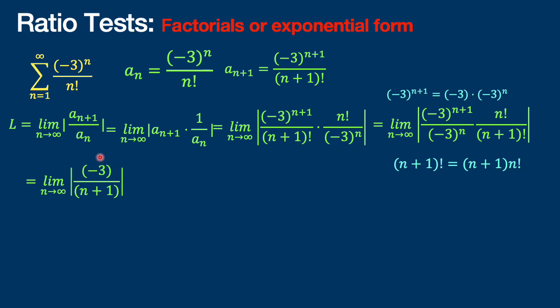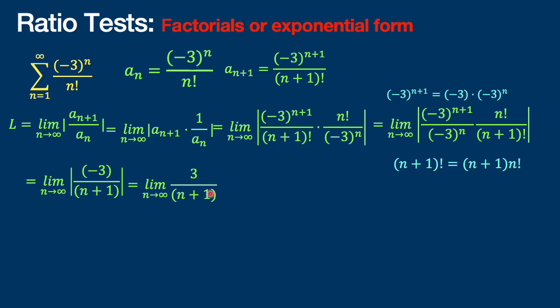We have negative 3. (n+1) factorial is n plus 1 times n factorial. That cancels out. So the denominator is n plus 1, the numerator is negative 3. We take the absolute value, so you can drop the negative. You have 3 over n plus 1.